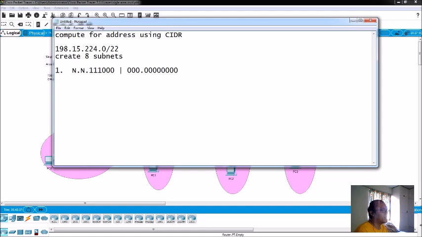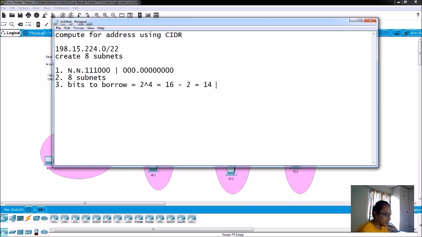So if we are going to create at least 8 subnets, how many bits are we going to borrow? Bits to borrow is 2 raised to the power of 4, right? 4 bits. 2 raised to the power of 4 is 16, minus 2 gives me 14 subnets, which is equal to or greater than our requirement of 8.